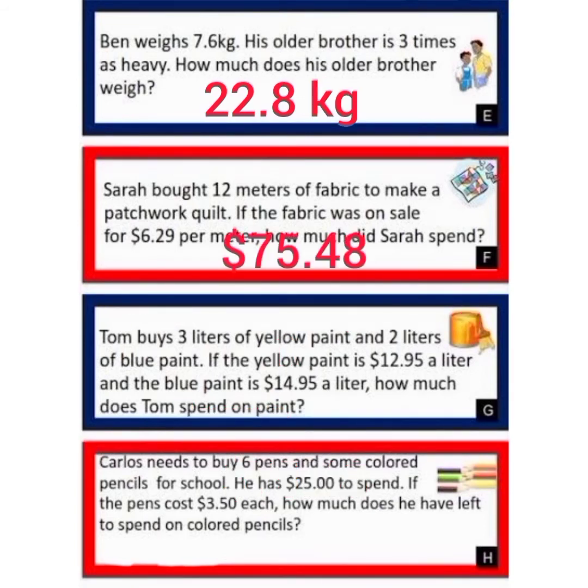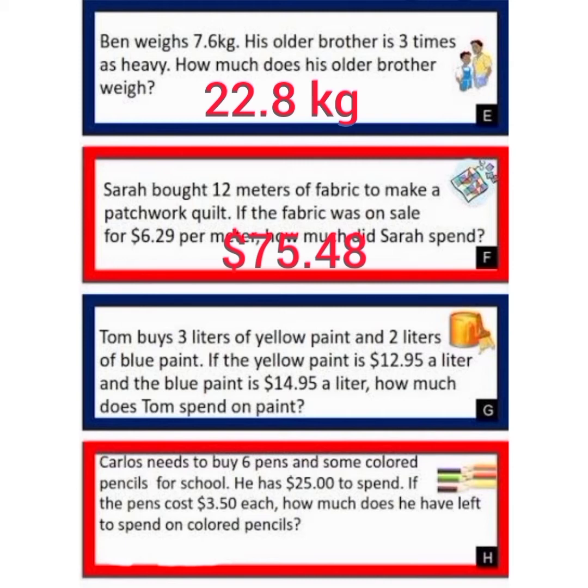Letter G says Tom buys 3 liters of yellow paint and 2 liters of blue paint. If the yellow paint is $12.95 a liter and the blue paint is $14.95 a liter, how much does Tom spend on paint? So we're going to ask ourselves, are we going to add, subtract, multiply, or divide?